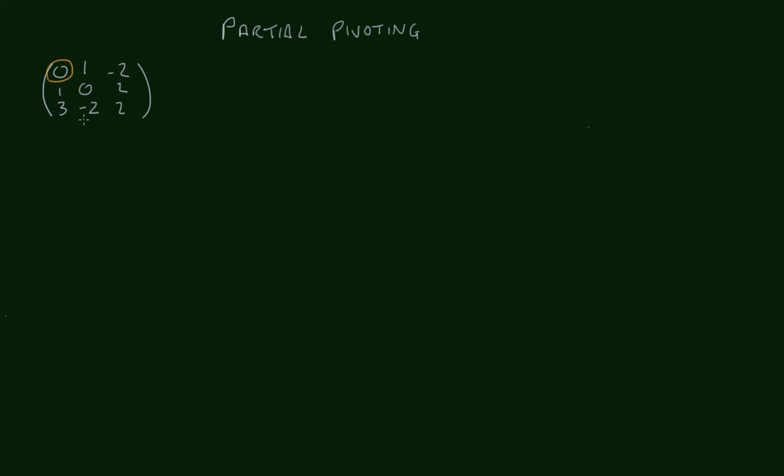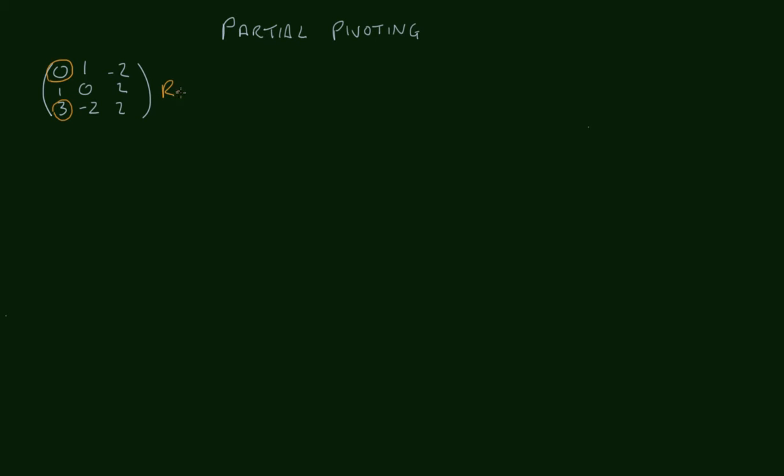So partial pivoting essentially means we perform a row swap operation, and we swap the row such that the value of the pivot element has the largest absolute value of all the numbers below it. Here you can see that 3 is the largest value in the column beneath our pivot element.